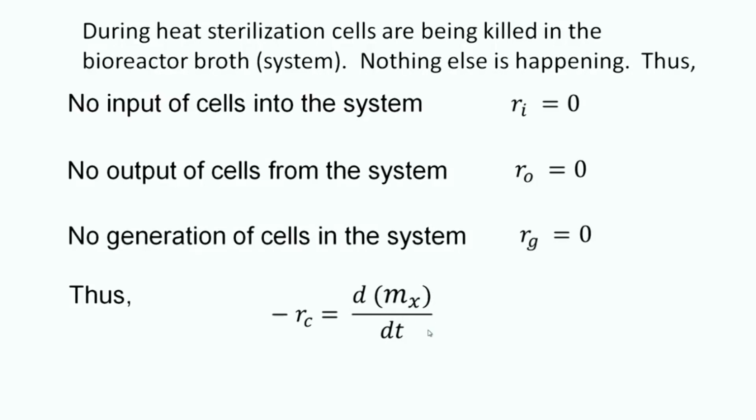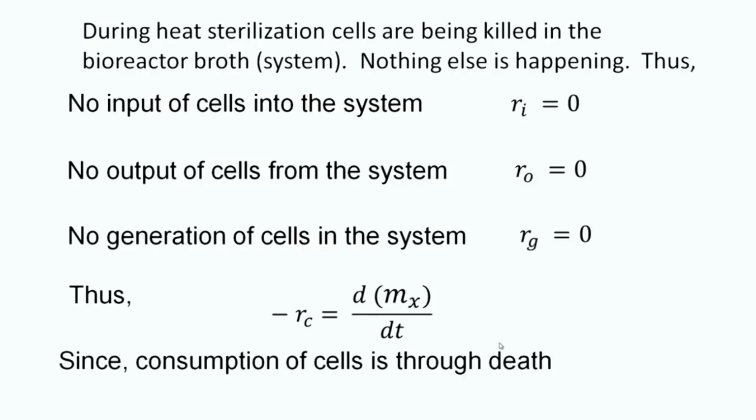This is what we get by considering it from first principles. The consumption of cells is through the death of cells as they are getting exposed to the high temperature. Remember, this is the heat sterilization that we are talking about.